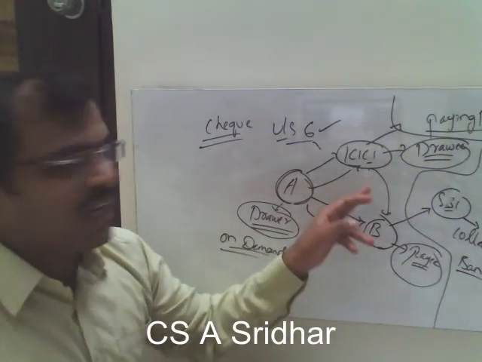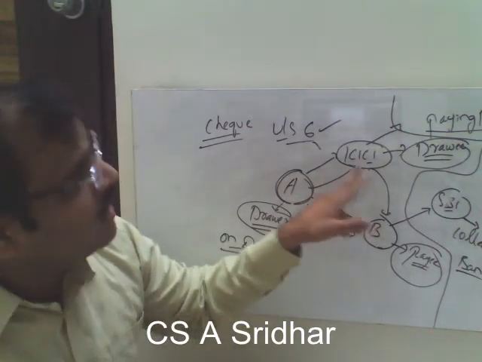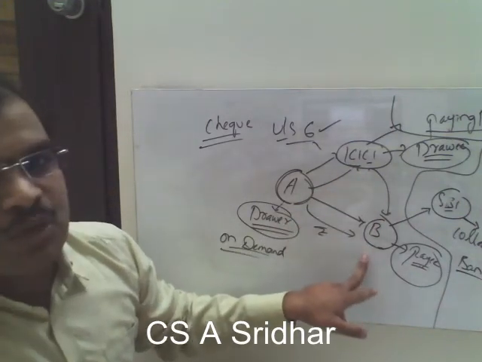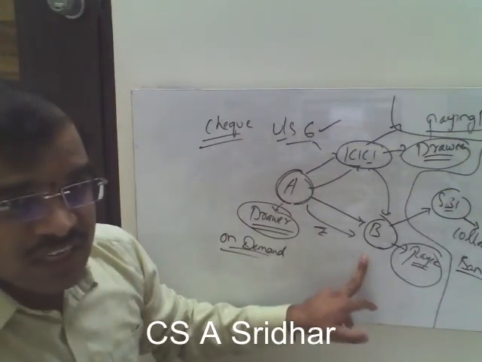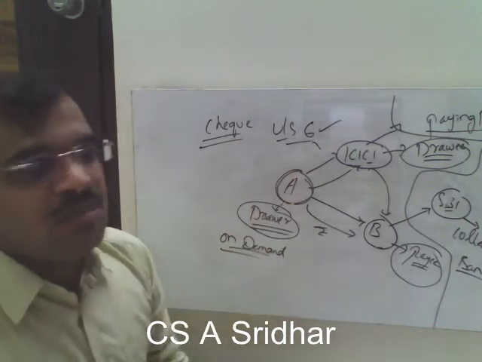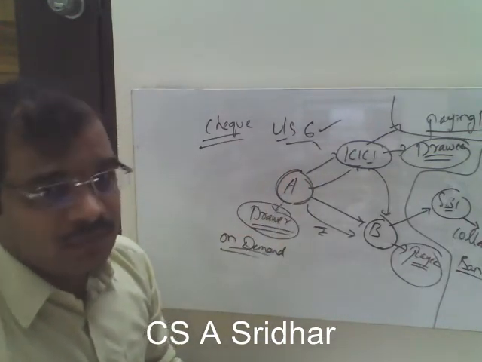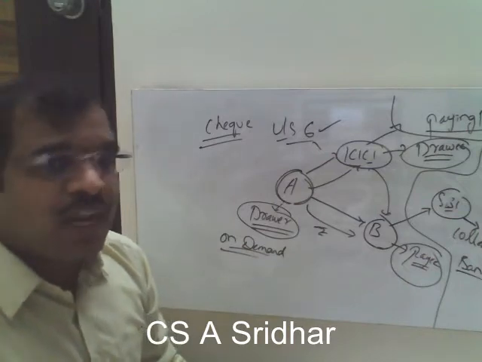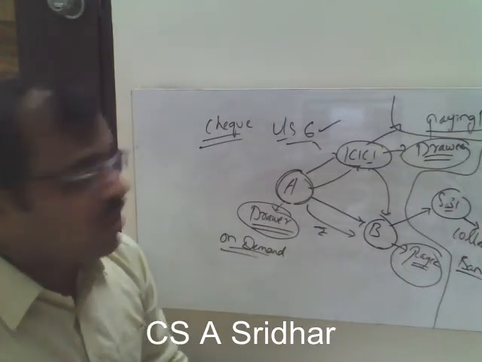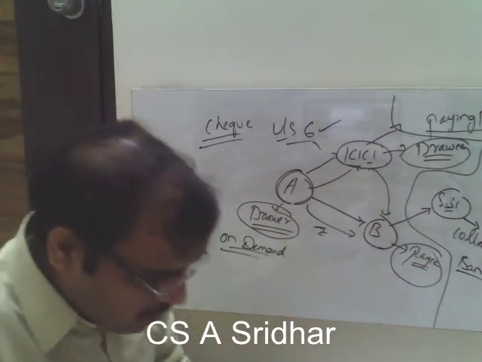When B is demanding from ICICI Bank, then ICICI Bank will make the payment to B. Are you clear? So it is always payable on demand. That is not the situation in case of bills of exchange. In case of bills of exchange, it need not be on demand. Generally after the due date, automatically the drawee is liable to make the payment. But in case of a check, it is always payable on demand.